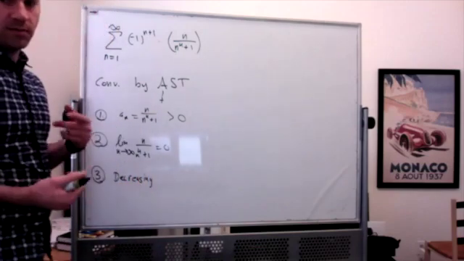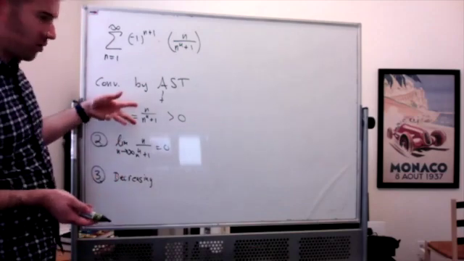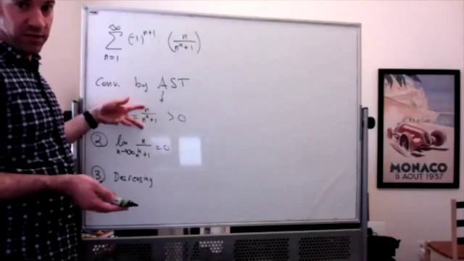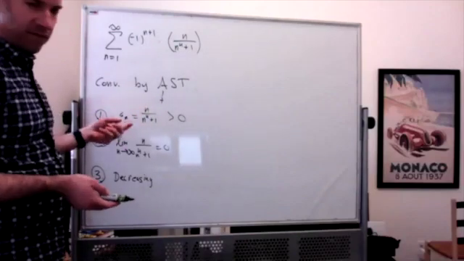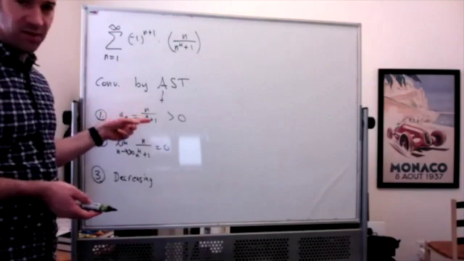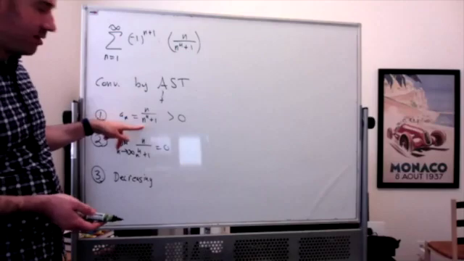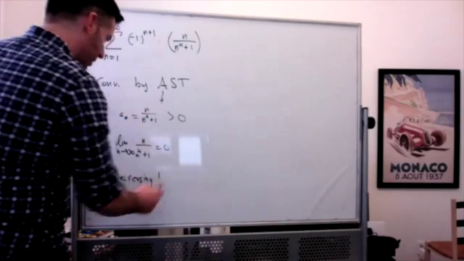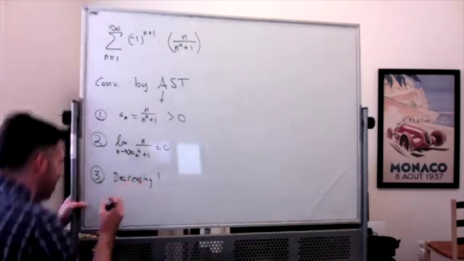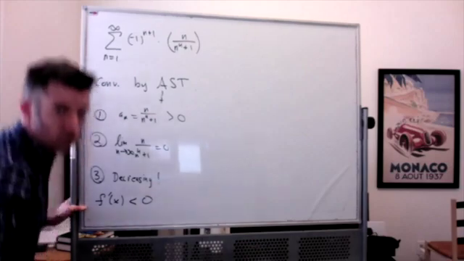It's not 100% easy for this one, but it's pretty easy to show that the next term is definitely going to be smaller than the previous term. And here I can justify that without writing it by saying, well, if I let n get 1 bigger, the top is only going to get 1 bigger, but the denominator is going to get a lot bigger because you're going to add 1 to n and raise to the 4th power. So yeah, definitely decreasing. You could show that by showing that the derivative is negative, which is usually the easiest way.